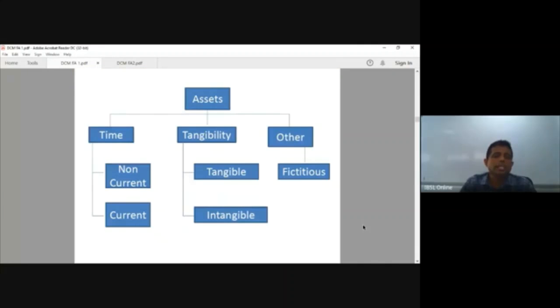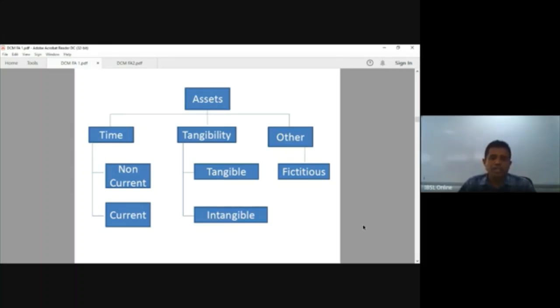Then if you take based on time, assets can be categorized into two: non-current assets and current assets. Non-current assets are the assets that will generate income for the organization for a longer time period.